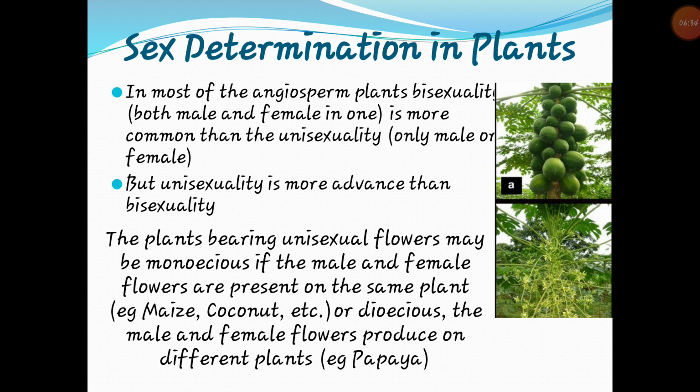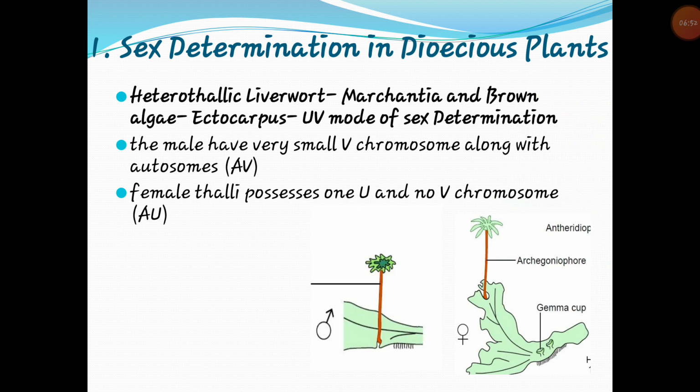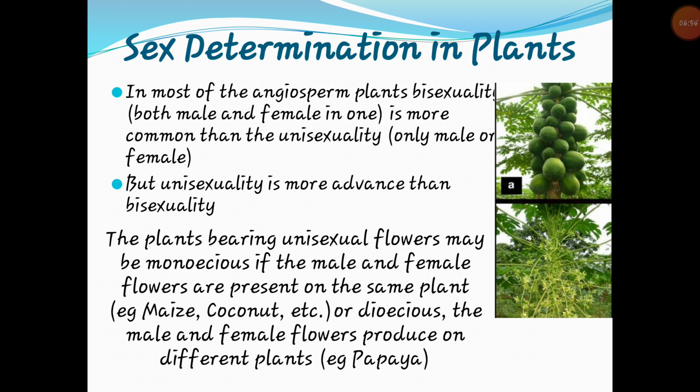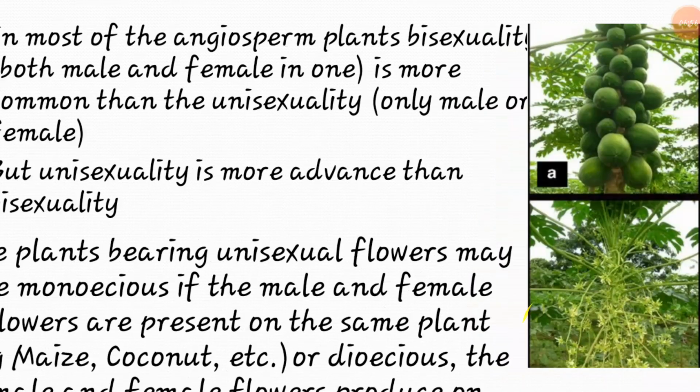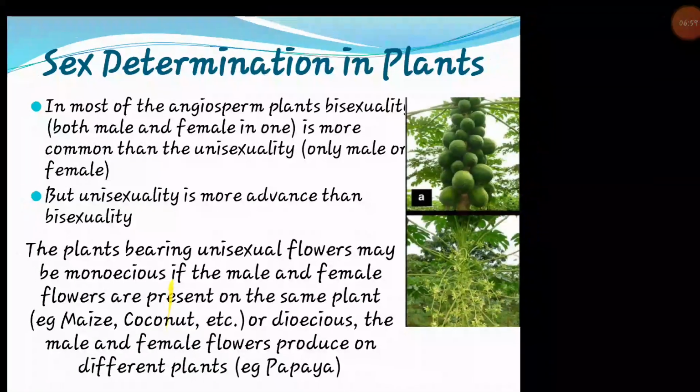The plants bearing unisexual flowers may be monoecious if the male and female flowers are present on the same plant, that is maize, coconut, or dioecious, where the male and female flowers are produced on different plants, for example papaya. Here we can see these different plants. The papaya is a dioecious plant.